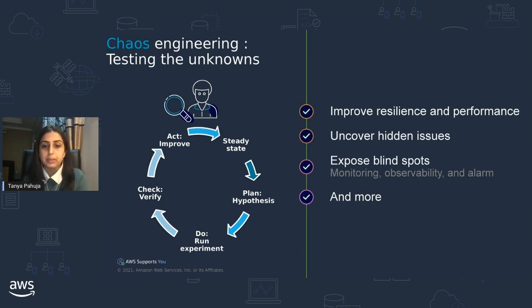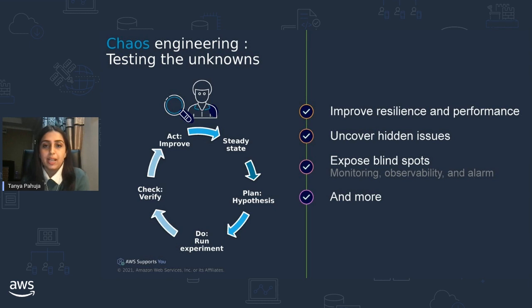For example, your server could crash, or you could have malfunctioning hard drives which are not returning any data, or hard drives returning incorrect data, or network connections breaking. So you run those experiments by introducing the variables.